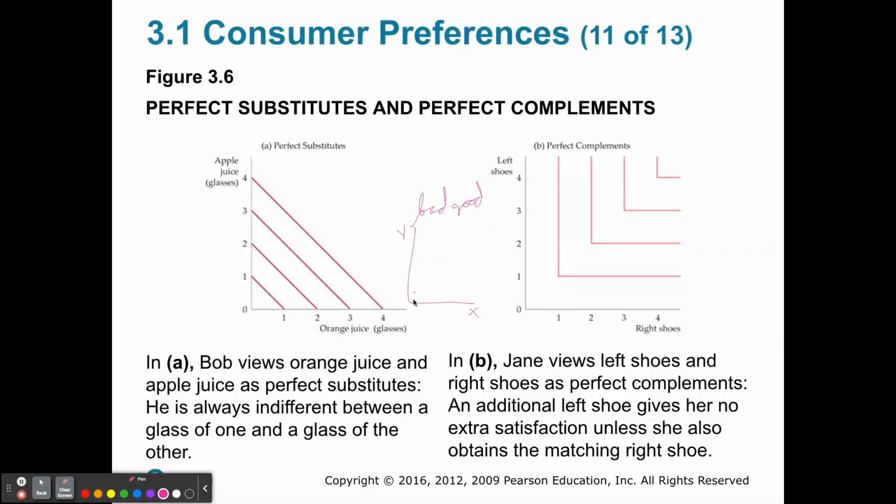So if good X was a bad good, then more of X is going to make you less happy. As opposed to Y being the bad good, which could get you indifference curves that are horizontal lines.